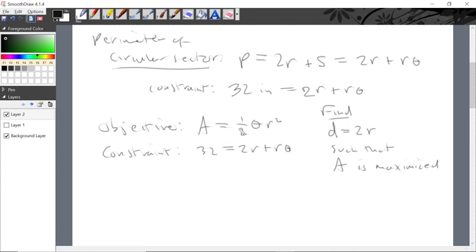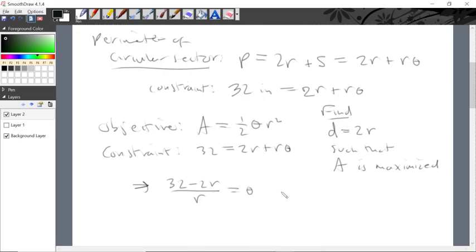So let's write A as a function of r. We can do that by solving for theta. From the constraint equation, 32 minus 2r, divided by r, is equal to theta.